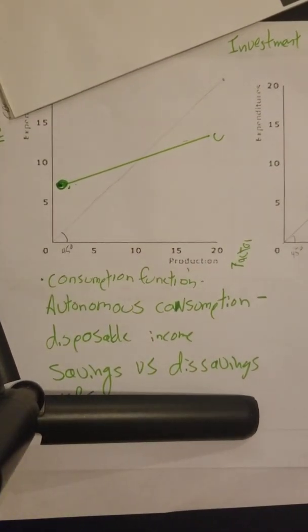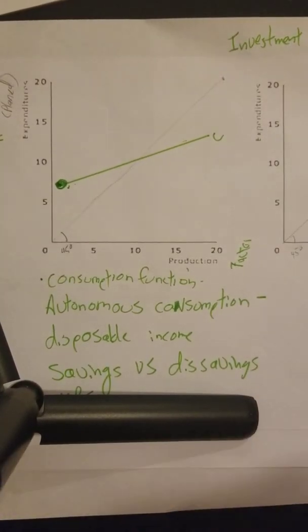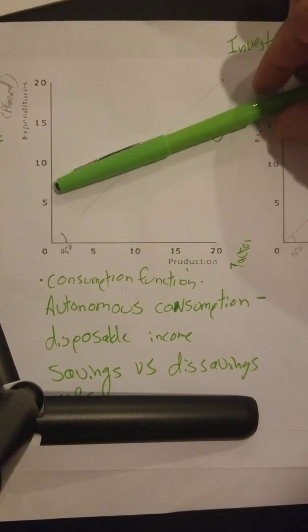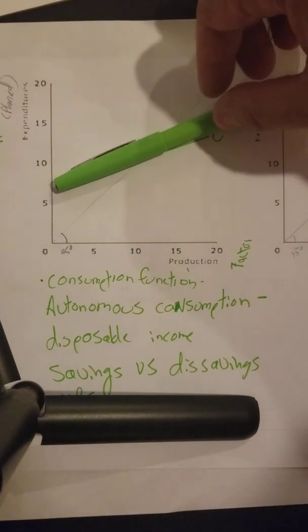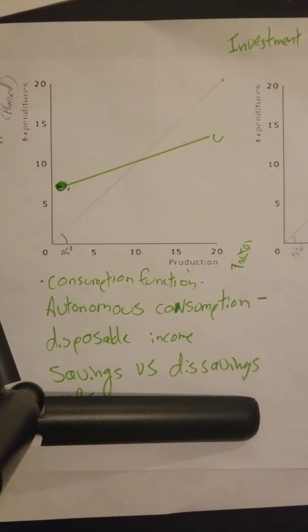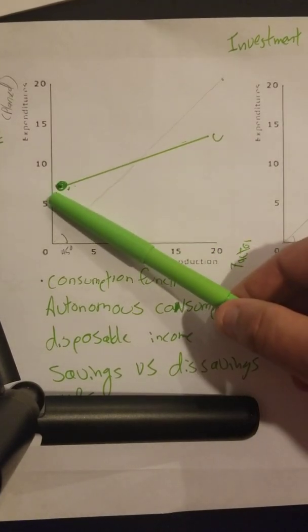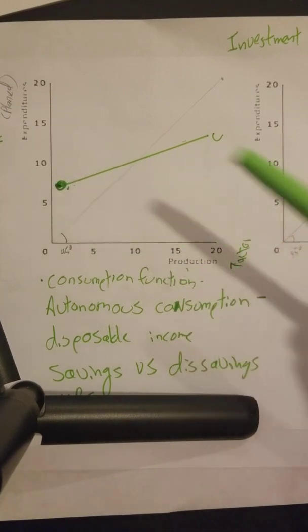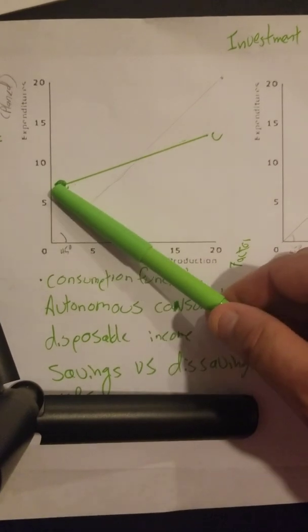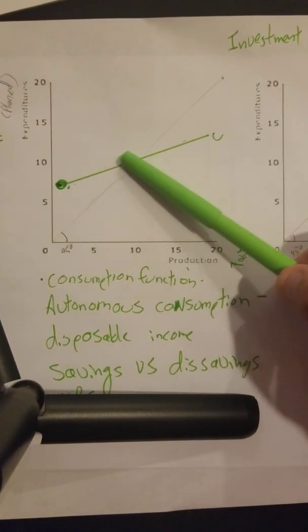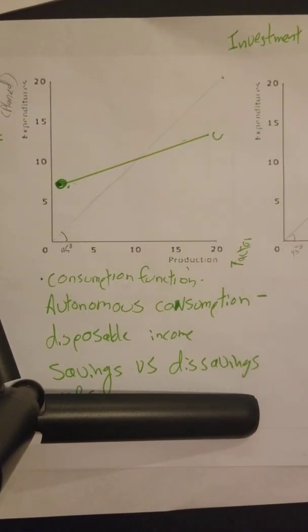Okay, so before we move on, my hope is that we can look and understand how much people would be planning to buy, essentially expenditures, based on how much they make. Okay, and that's the consumption function. That very beginning point, autonomous consumption, is how much folks would consume if there was really no income, and then we see how much their consumption would increase as they do make income.